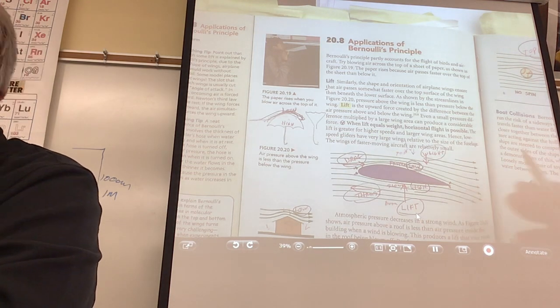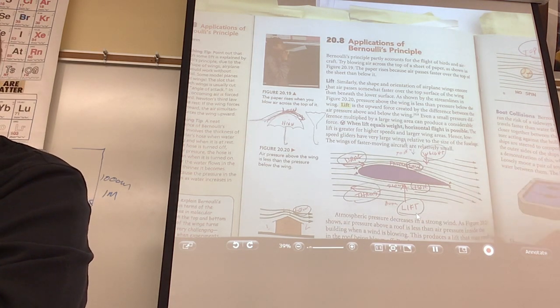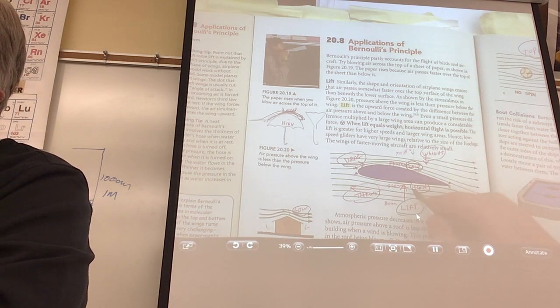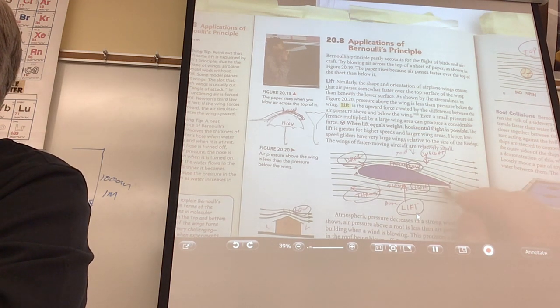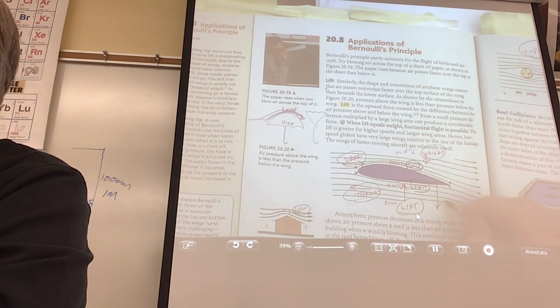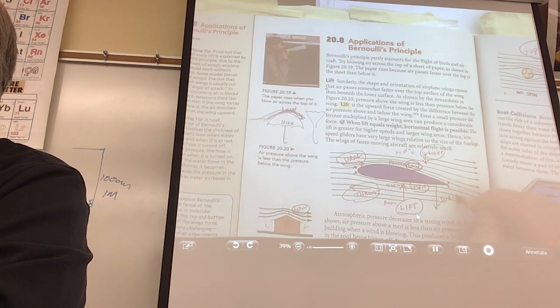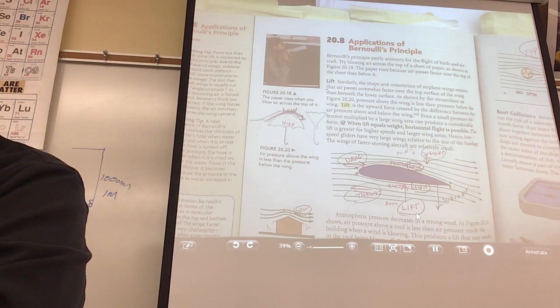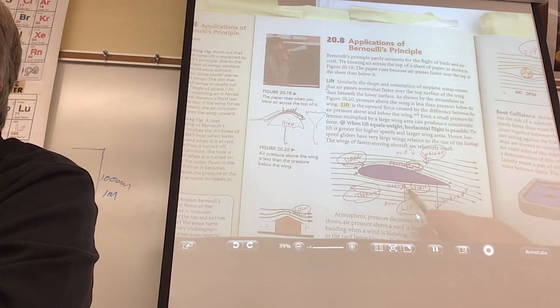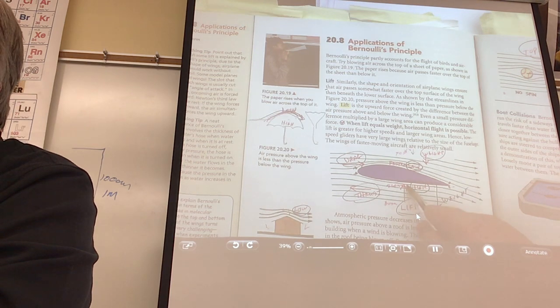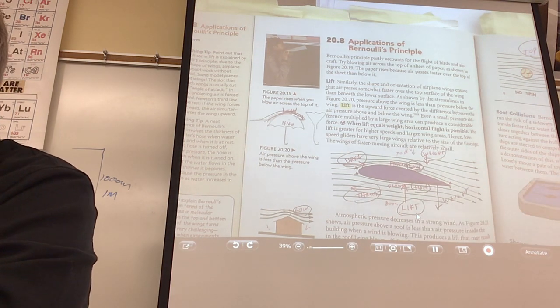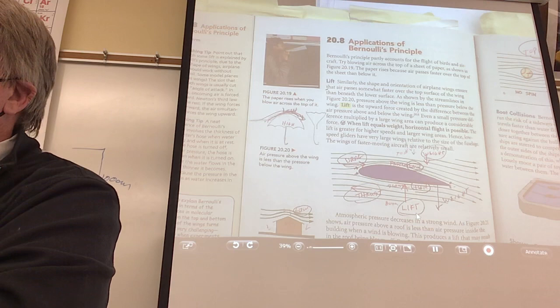And if you know anything about flying, you know there are 4 major forces about planes. One of them is your plane has weight. That's bad. That makes the plane crash, okay? And what does the wing shape do if it's going? It produces lift. That's good. Lift, weight.